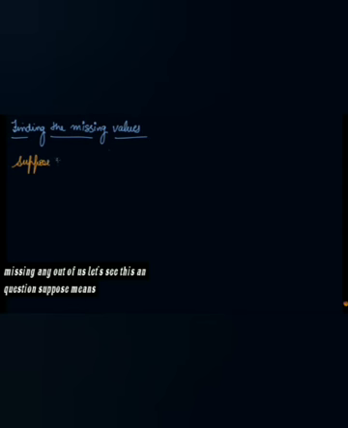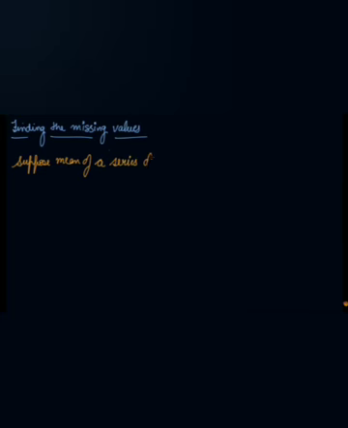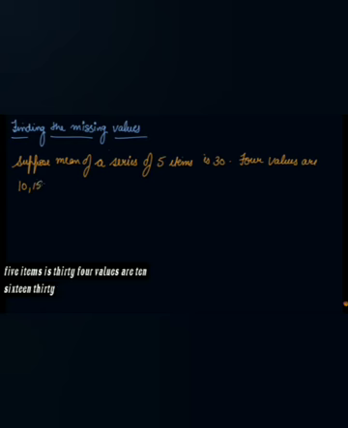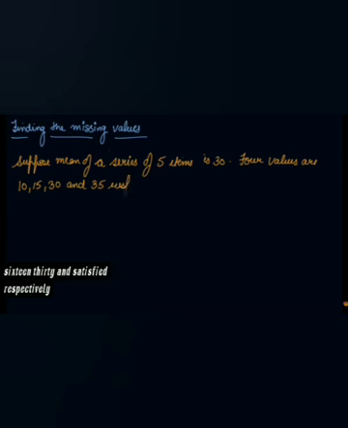Suppose the mean of a series of 5 items is 30. 4 values are 10, 15, 30 and 35 respectively.